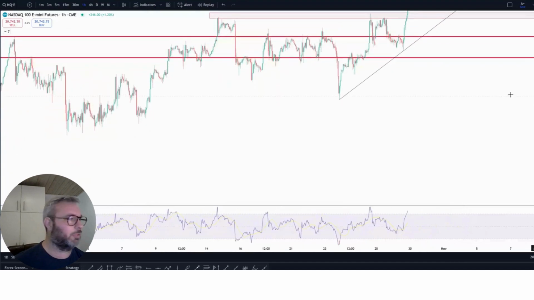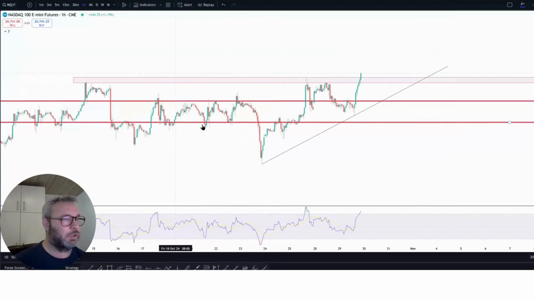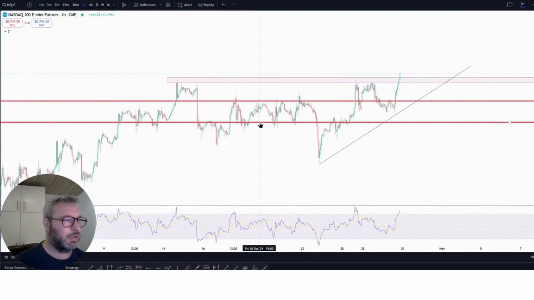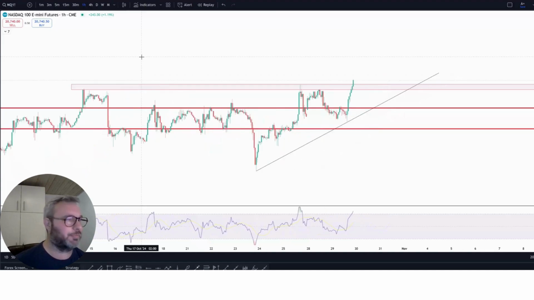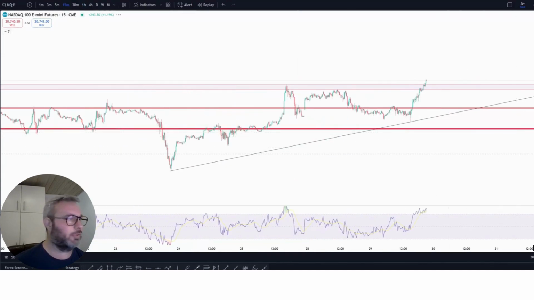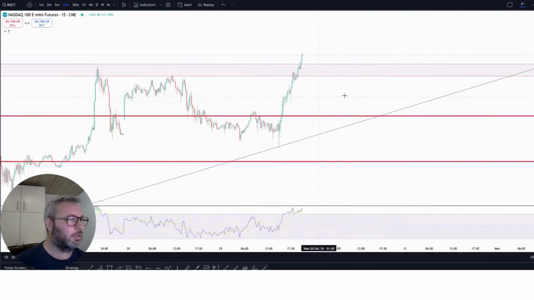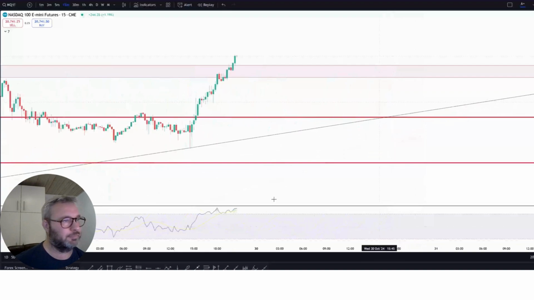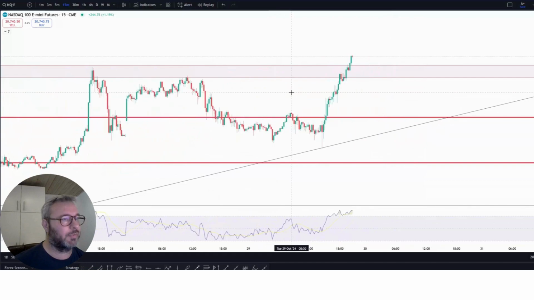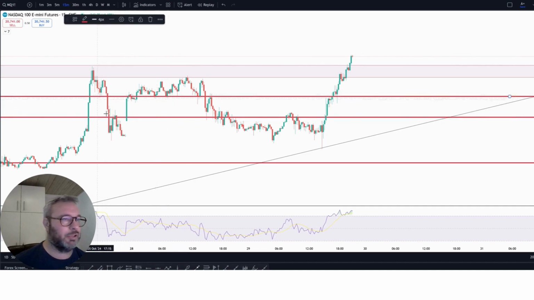No, I'll stick with this one here for now. I want to adjust this a little bit. Yeah, let's go down to 15 minutes. I want a trend line, support level here as well. Here. You can see rejection here, rejection here. It bears all this rejection here.